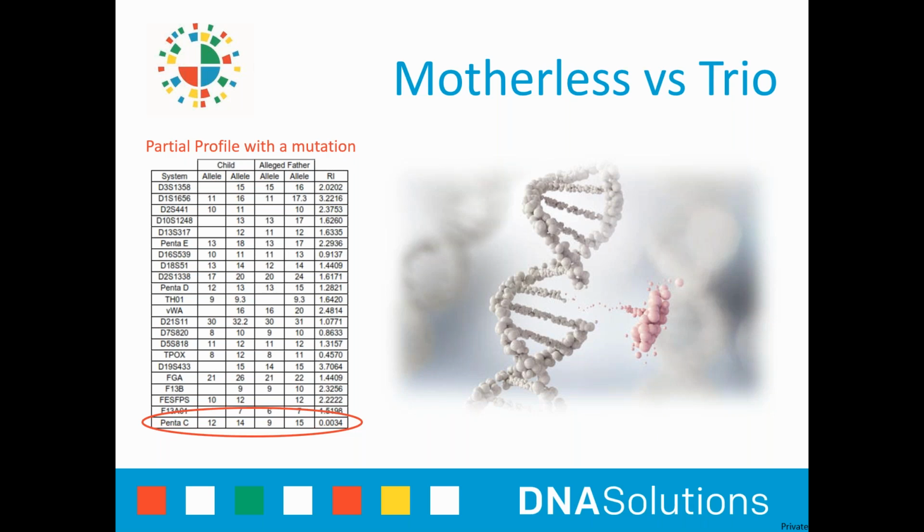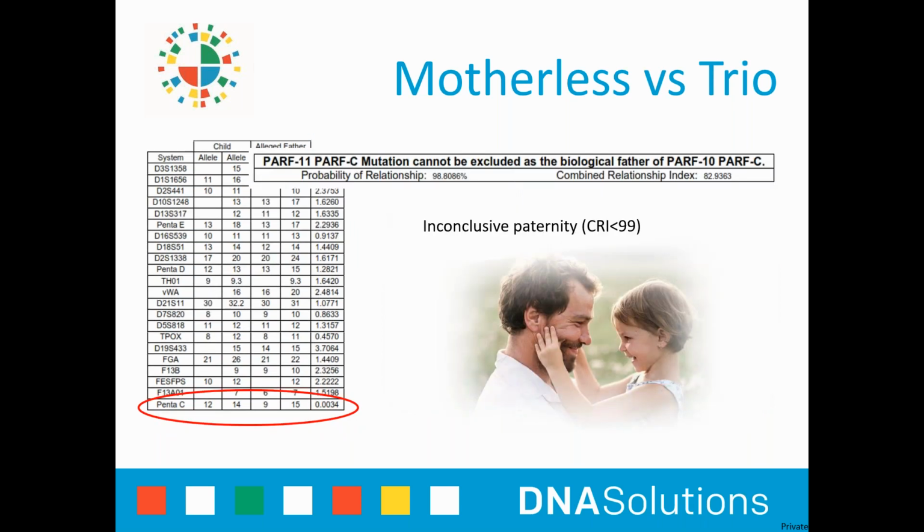Incidentally, the RI for mutation is based on how often that particular marker mutates, so you'll see a different number for each marker. When you have a mutation, it makes this number very low because mutations are unusual or unlikely, but we can still look at that in the statistics. In this case, we now have a CRI of 83 and a probability of relationship of 98.8.